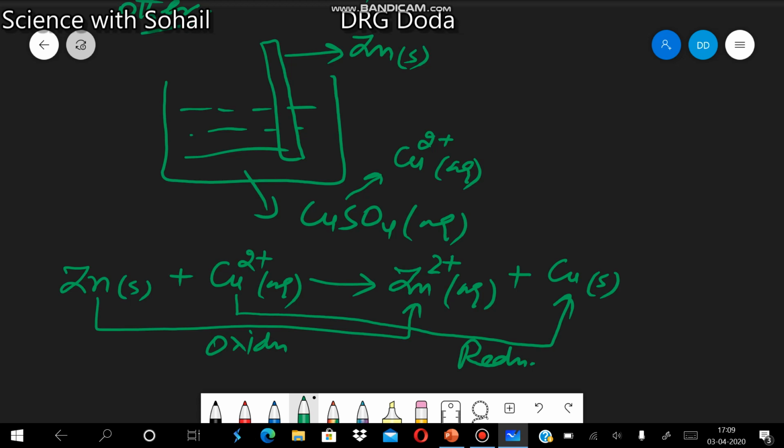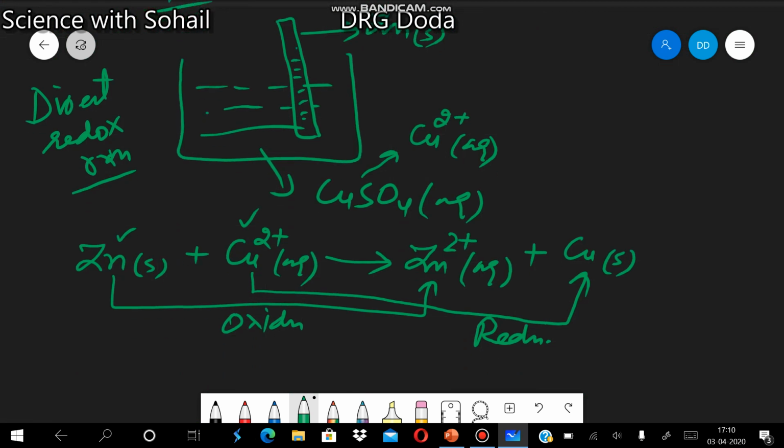And the zinc atoms and the copper ions are in direct contact with each other. So this is an example of a direct redox reaction.